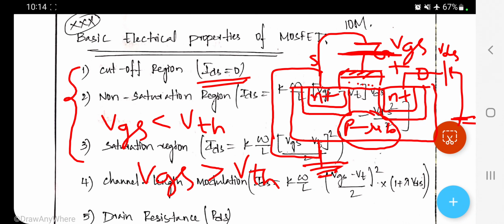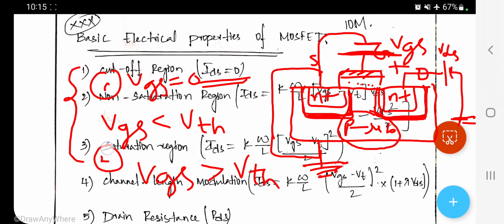Whether you apply VGS less than VTH, or VGS equal to 0, for all these voltages you are going to have the depletion region between N plus and P substrate. Now VGS less than VTH, or even VGS equal to 0, is the first cutoff region of operation.